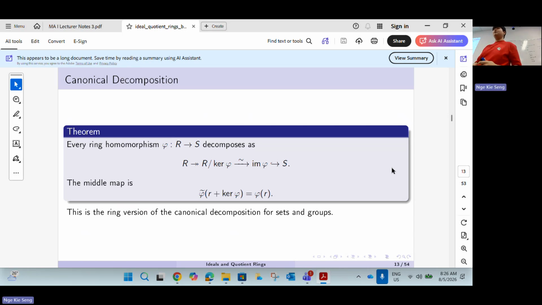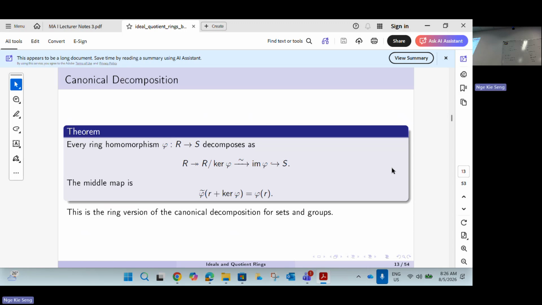Even for sets, I show it. It's actually just a set. Sets don't have a kernel. Because the kernel sends everything to the identity.